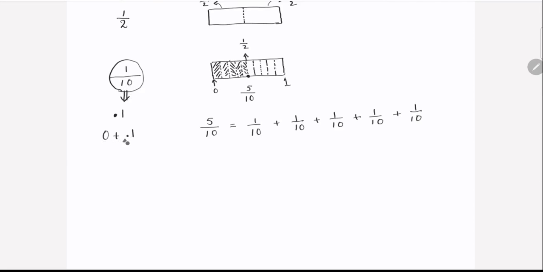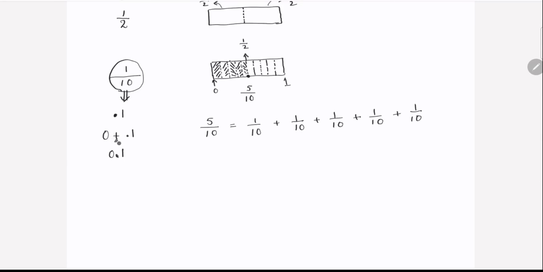So 0 plus 0.1, we also write this as simply 0.1.